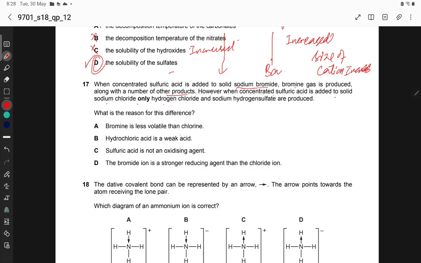Bromine is less volatile than chlorine. This is correct, but this is not the reason that bromine gas is produced when concentrated sulfuric acid is added to sodium bromide. So this is incorrect.